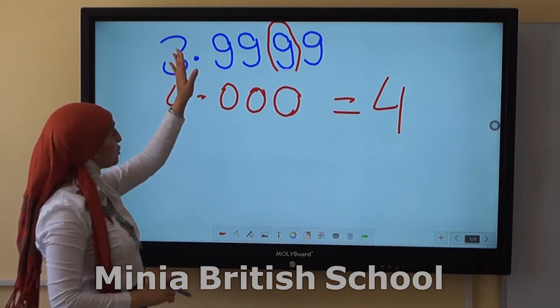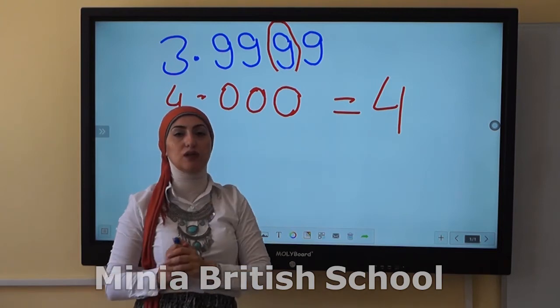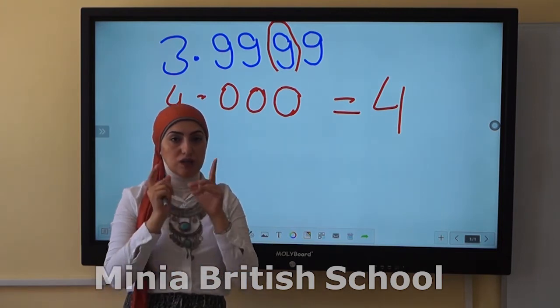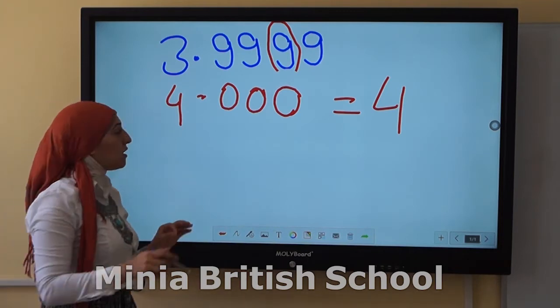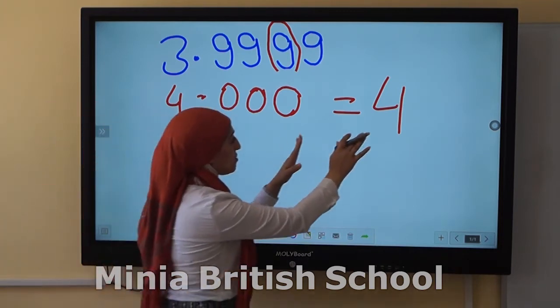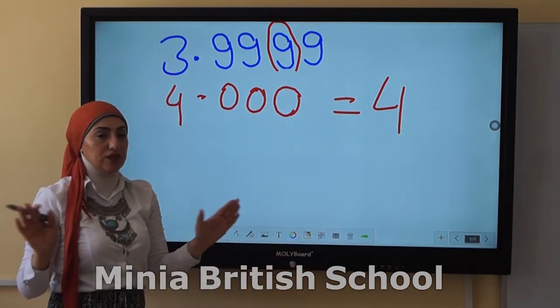Okay? If I ask you to approximate to the nearest unit, you will write 4 only. So, to know that you understand. Okay, this is the same value as this number. Okay? No difference at all, definitely.